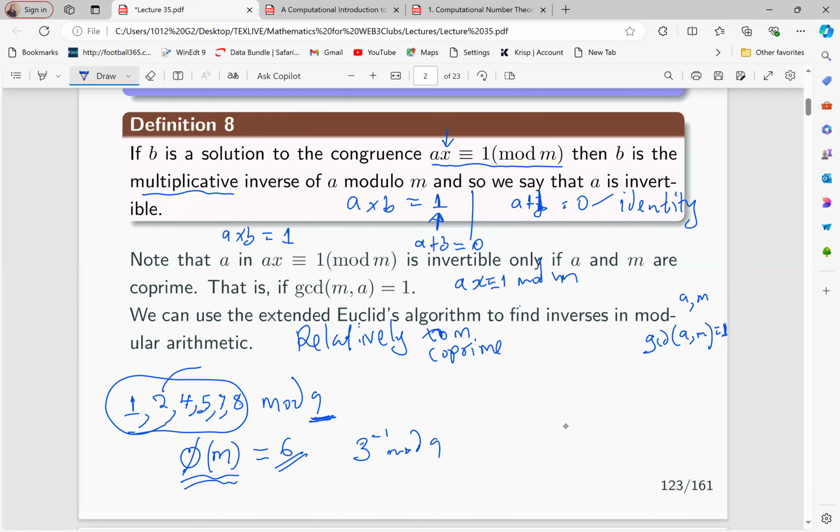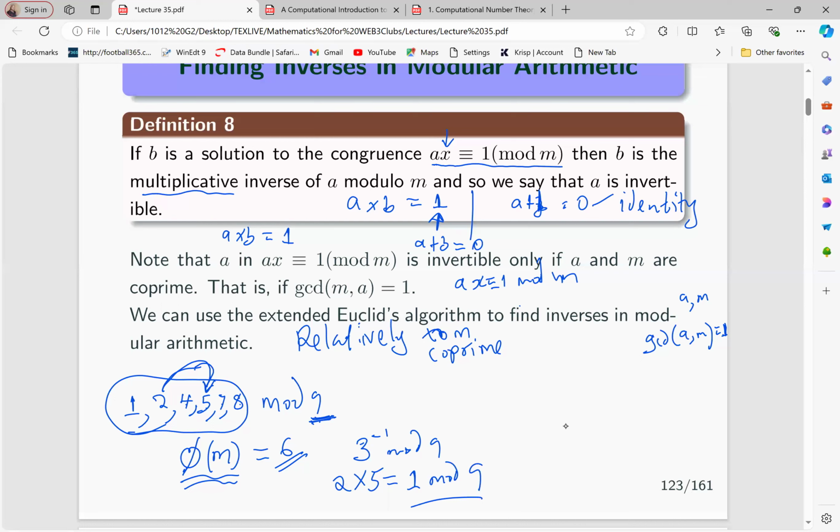And that element must also be less than 9. In fact, the inverse of 2 is 5, because you can see 2 times 5 is 1 mod 9. So therefore, the inverse of 2 is 5, and the inverse of 5 is 2.